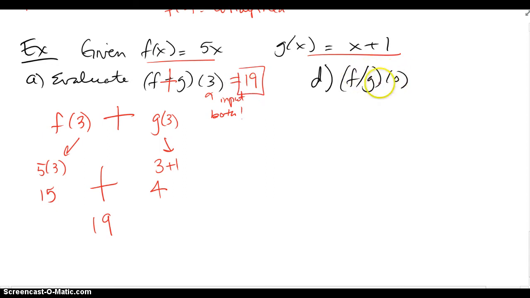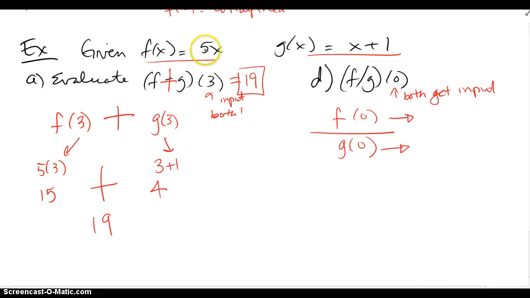Similarly, now I'm dividing the two functions. So both get the input of 0. I get f of 0 divided by g of 0. Basically, input the 0 into one function, input the 0 in the other function, then divide the corresponding values. So I'm just going to look at them as top and bottom.